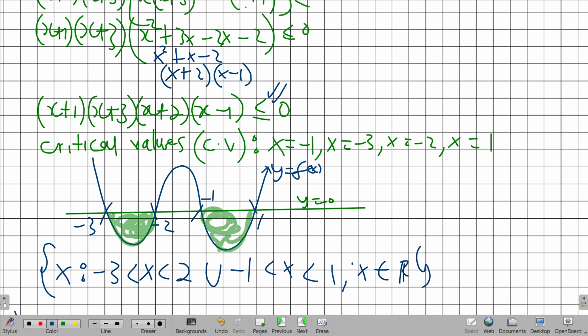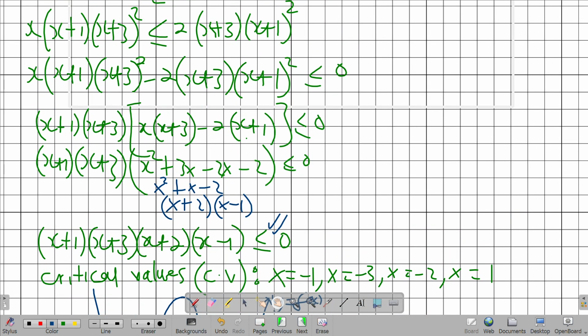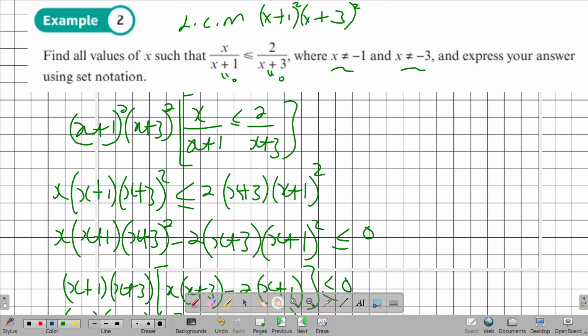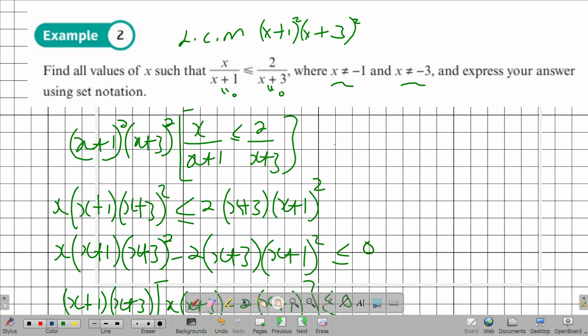However, that's not enough. I'm going to have to check again in the example above. If you check, you will see that the inequality is equal to. However, the only time when it's not going to work is when x is minus 1 and x is minus 3.